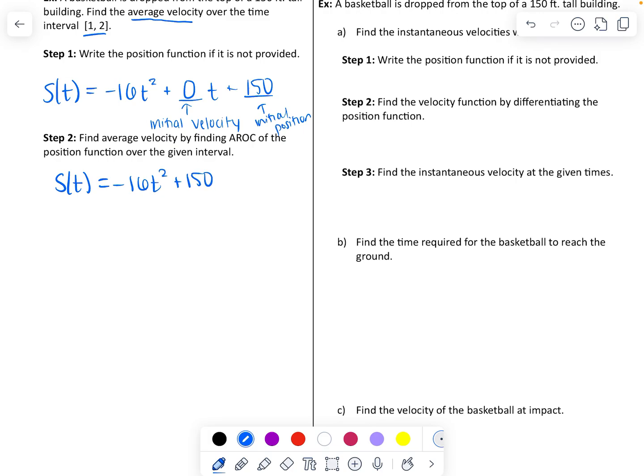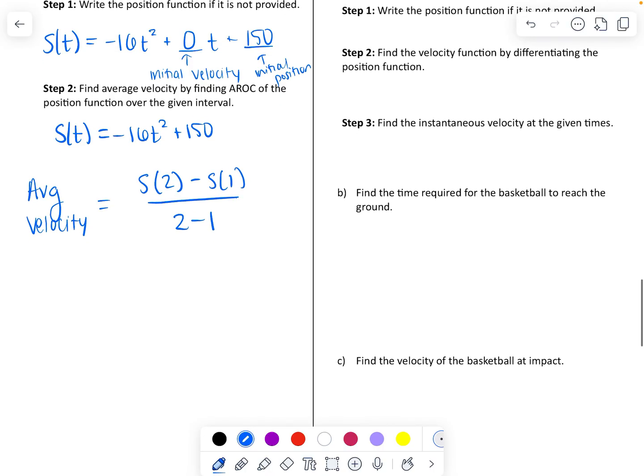And now we're going to find the average velocity by finding the average rate of change of the position function over the given interval. So all we're doing is, average velocity will be s of 2 minus s of 1 over 2 minus 1.